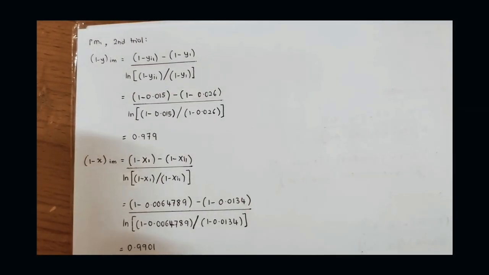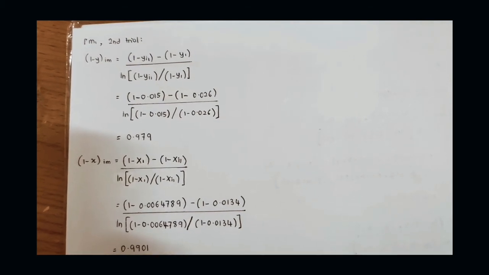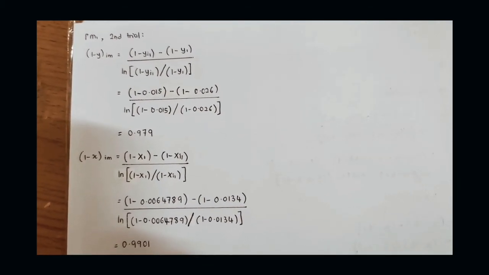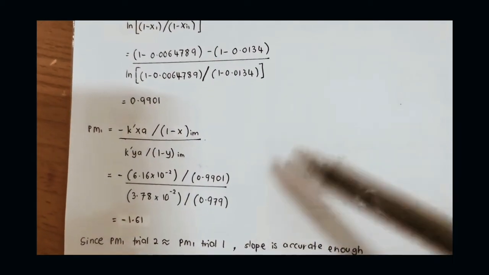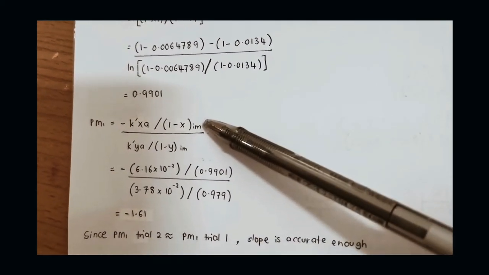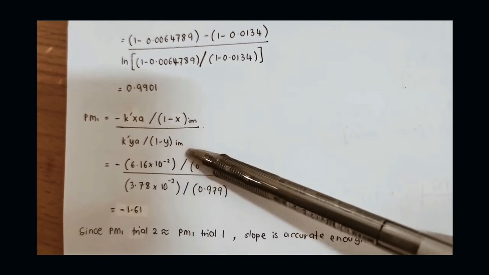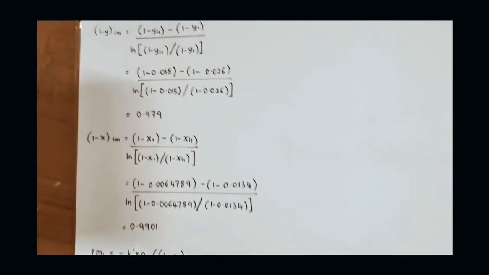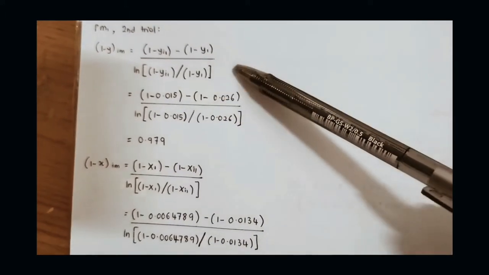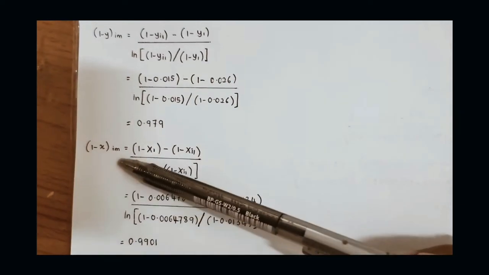Okay, so next we want to find PM1 for the second trial. This is to make sure the slope is accurate enough. The original equation to find the slope for the back absorption column is this. The only difference from the equation just now is 1 minus xim and 1 minus yim. So first of all, in order to find these two, we have to find 1 minus yim and 1 minus xim from these equations.